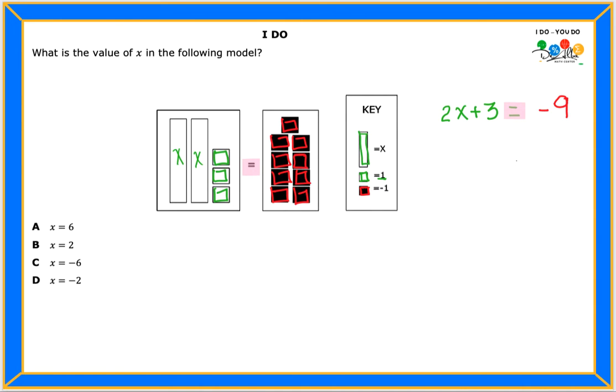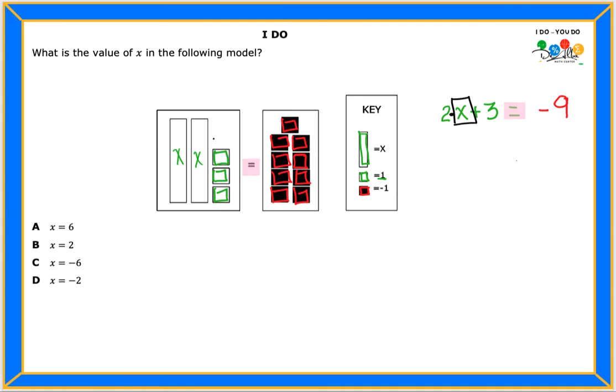Now remember that our goal is to isolate this x. And to isolate this x, I have to remove everything else that is next to this x before the equal sign. So I'm going to remove this 3. But the only way to remove these 3 positives is by making them zeros. And I can make them zeros by adding the opposite sign.